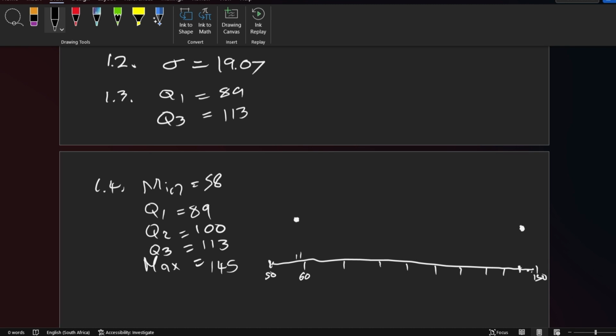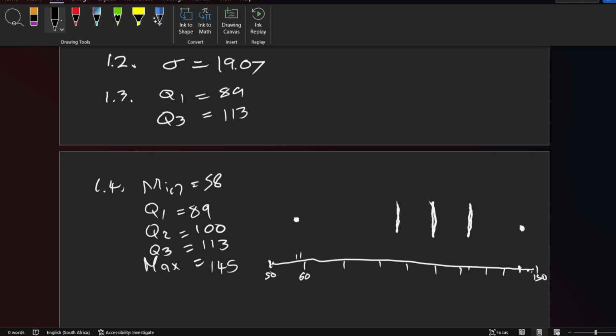Okay, next thing we do is we plot our quartiles. The quartiles are not plotted as dots but rather as straight lines. So our lower quartile, quartile 1, is 89, about there, just a straight line. 100 as your median, so roughly there, and quartile 3 is 113, which is roughly landing somewhere there.